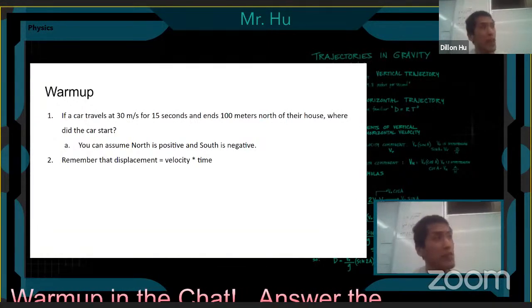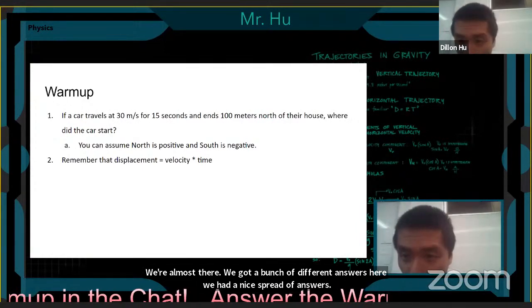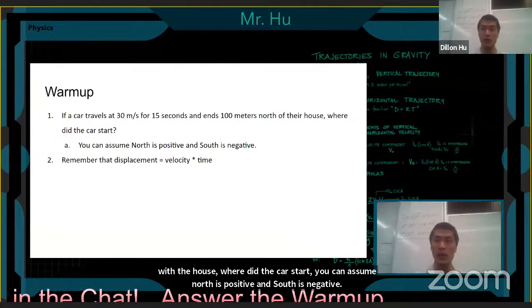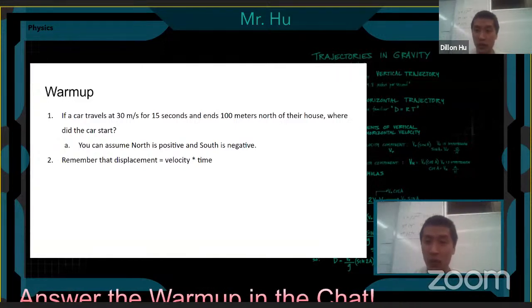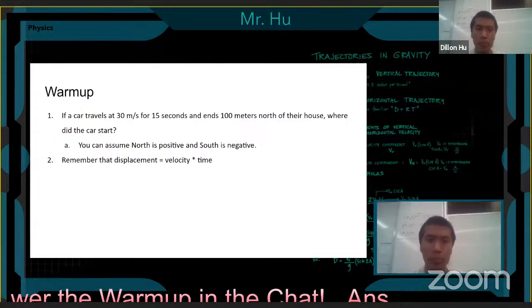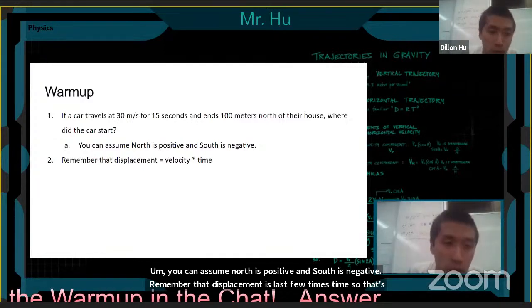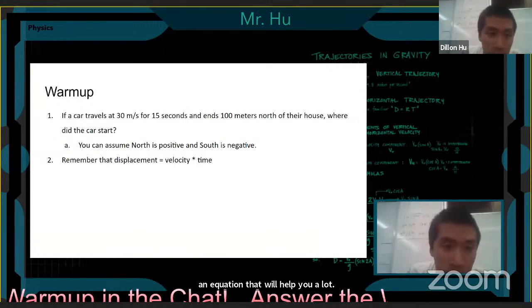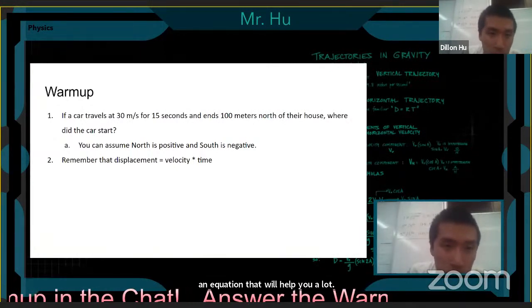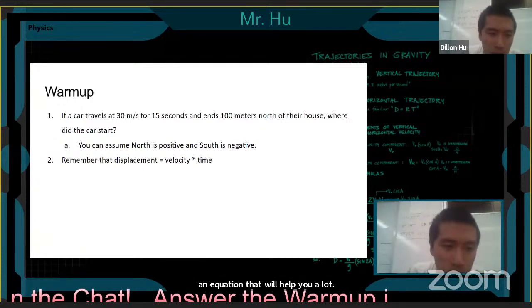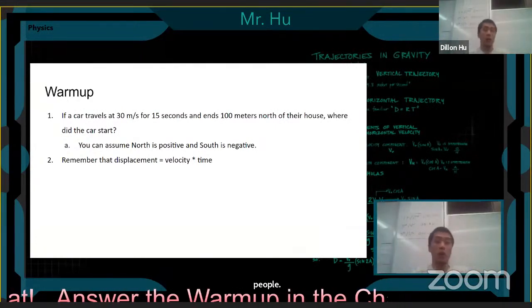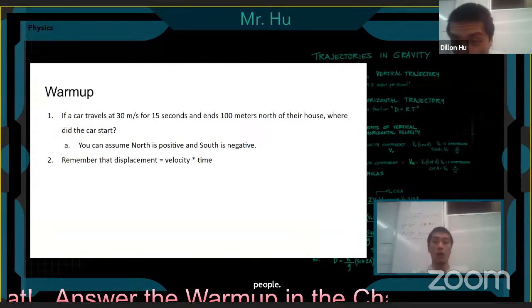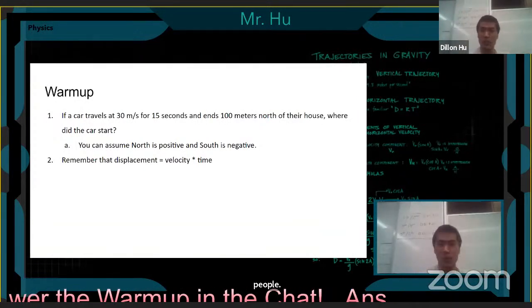We have 16 responses out of 25 people. Our goal here is to shoot for an 80% response rate. I think another 2 minutes or so. We got 17 out of 25, 18 out of 25. I think we just need 2 more people. Now we have 27 people, which means we need more responses. We're at 66%.